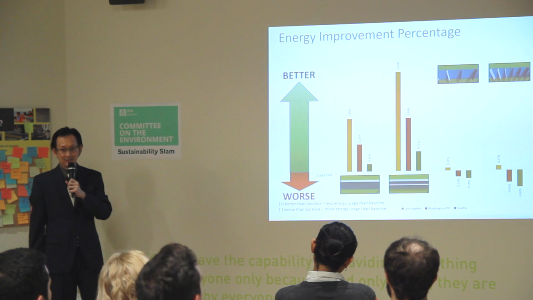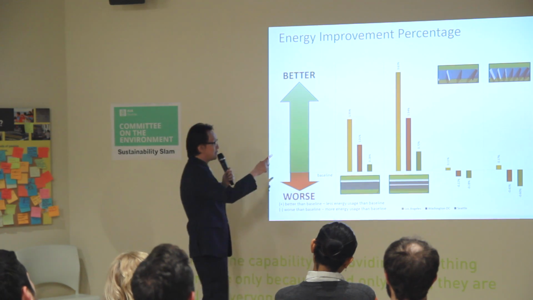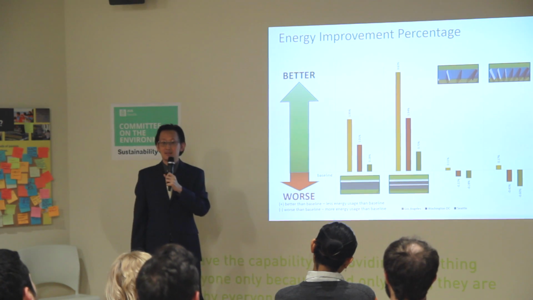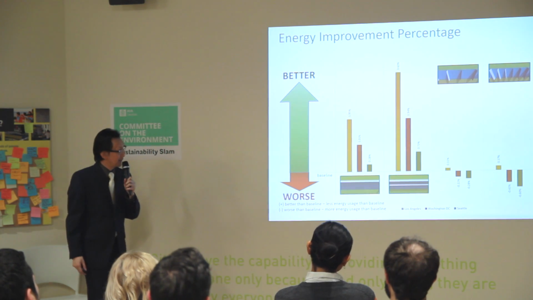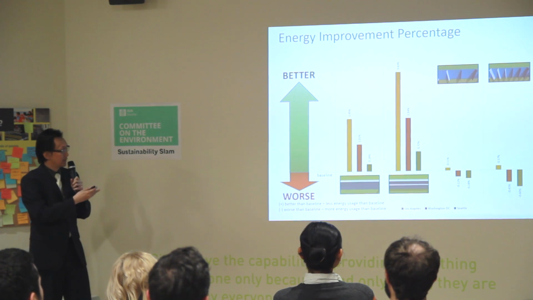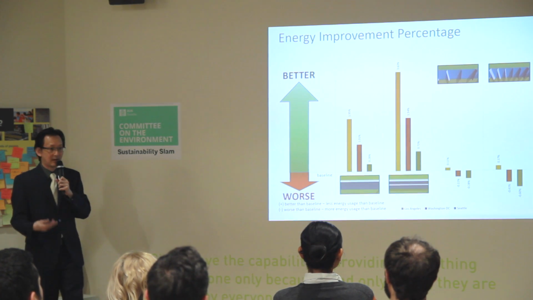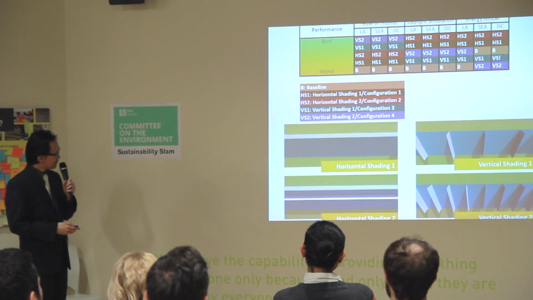But an interesting result is in Seattle and Washington DC: when you use a vertical shading device, you actually increase your energy use. This is an interesting finding also, and you can see the comparison between vertical and horizontal. Vertical, even in LA, doesn't really help you save energy.